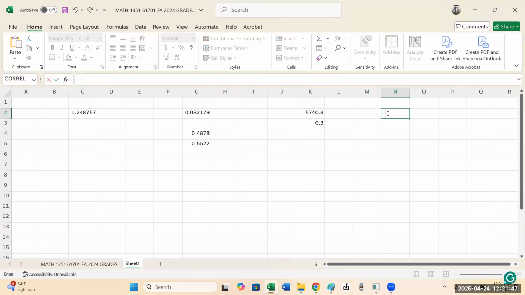On top we have 0.292 minus 0.3, divided by the square root of 0.3 times 0.7 divided by 19,136. So my z value is negative 2.41.